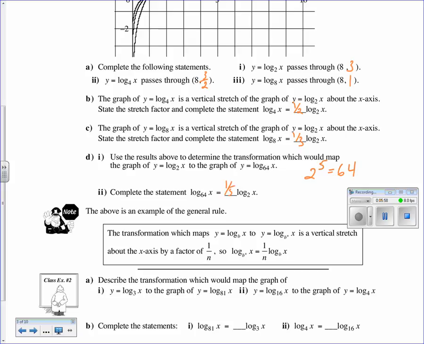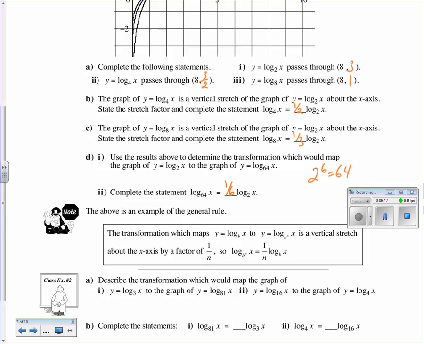So 1/5. Whoops, my 5 should have been a 6. Monday morning is fun. 2 to the 6 equals 64. So it's a vertical stretch of 1 over 6. That's what we have to worry about there.